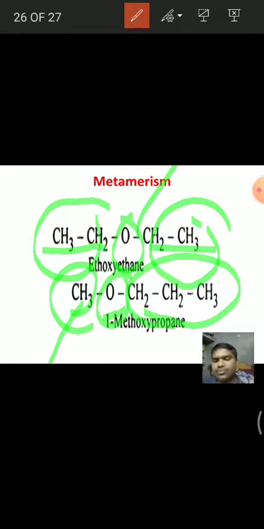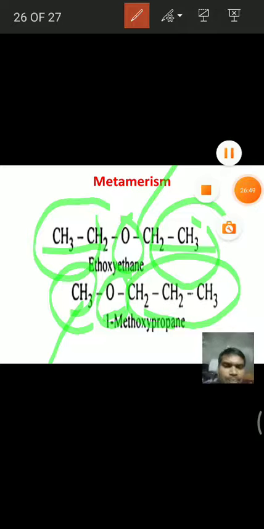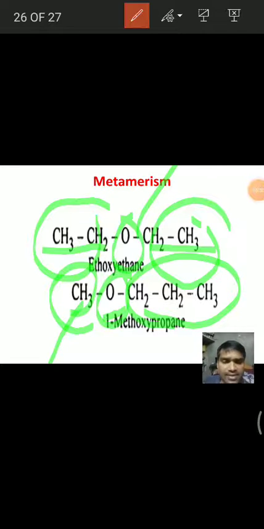This is about structural isomerism. First of all, isomerism means two or more molecules which have the same molecular formula but different properties are said to be isomers, and isomerism is classified into two types.